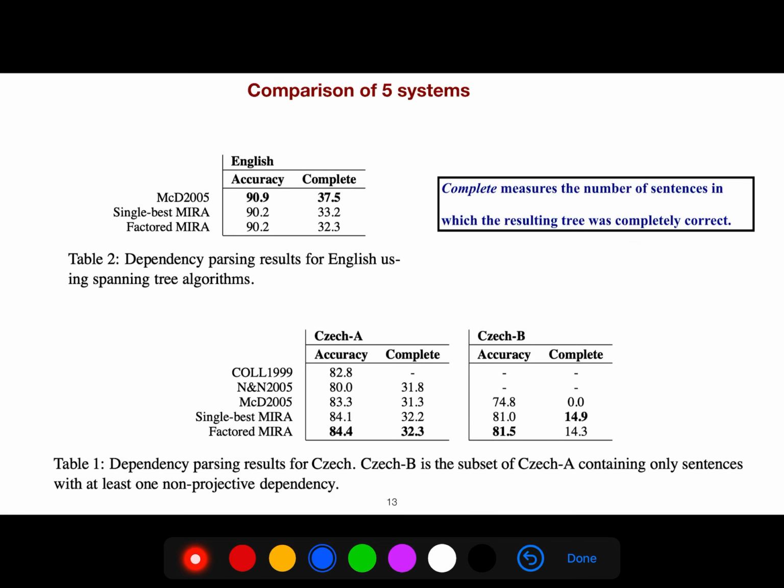They compared them, and complete measures the number of sentences in which the resulting tree was completely correct. You see, for Czech, the result is 84, and for complete it is 32. For the different systems, as I said, we have 5 systems, 1, 2, 3, 4, 5.